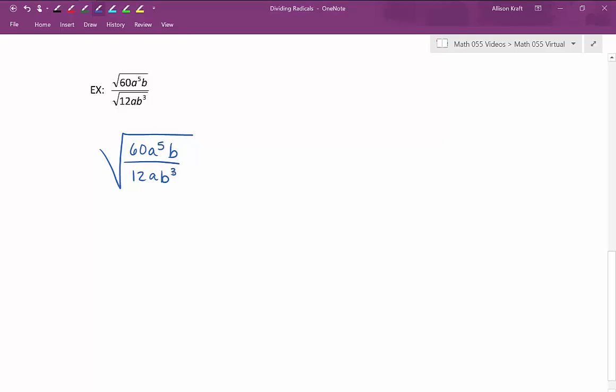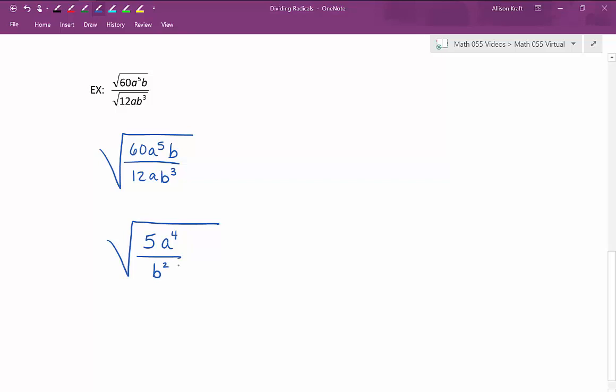So let's see what we can do to simplify underneath. 60 and 12 are both divisible by 12, so this is going to give me just 5. And now I have a to the fifth divided by a to the first. That's going to give me a to the fourth on top. And then we have b divided by b to the third. That gives me b squared on bottom.